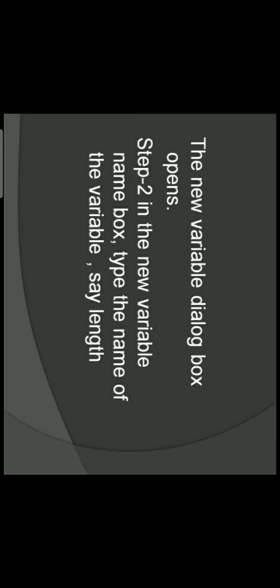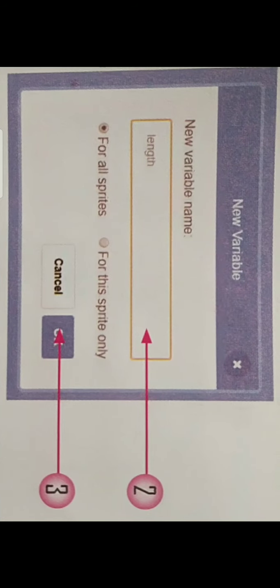In step 2, in the new variable name box we have to type the name of the variable, for example length. In this box we type a variable name and then click OK. For example, we have typed length and clicked the OK button.